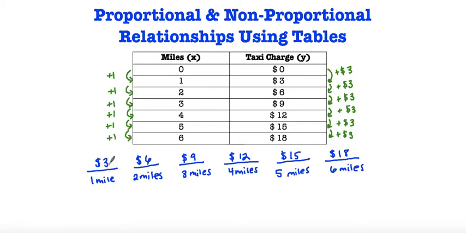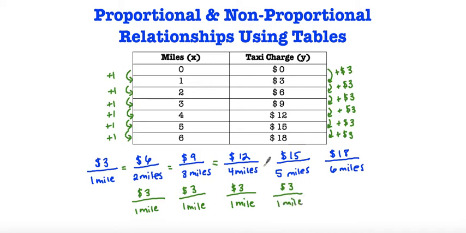Here, if we simplify our rates, $3 per mile is already simplified. That's our unit rate. $6 for 2 miles simplifies to $3 per mile, so those are equivalent. $9 for 3 miles ends up being $3 per mile, equivalent as well. $12 for 4 miles simplifies to $3 per mile, $15 for 5 miles simplifies to $3 per mile, and $18 for 6 miles simplifies to $3 per mile.